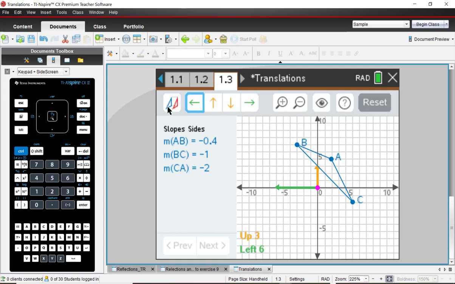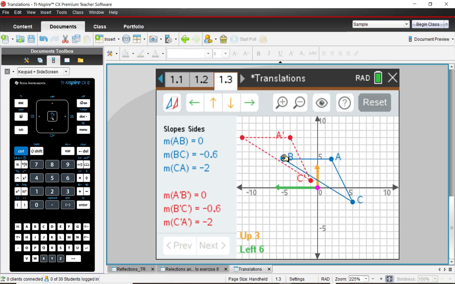And translate using those directions, and notice that the slopes of the corresponding sides are equal. But again, as we've done before, let's grab points A, B, and C and see what happens here. So there we can see the slopes are equal.